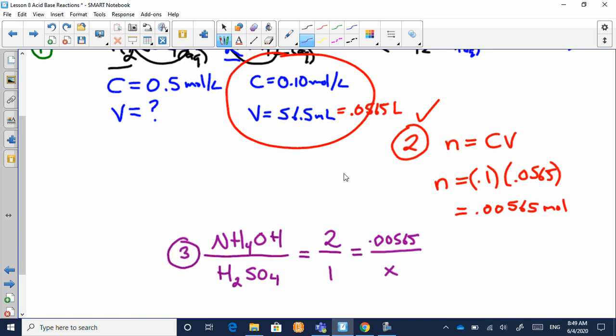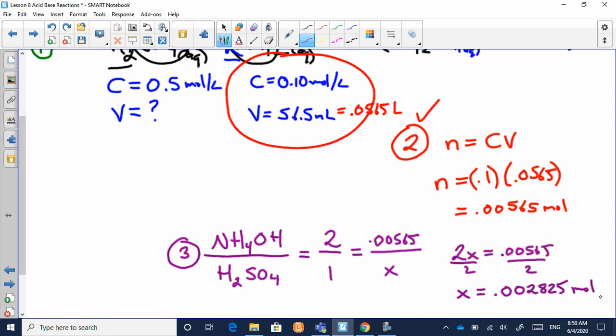Okay, so we cross multiply this, and so you get 2x is equal to 0.00565. Basically, we're just solving this proportion or this ratio, and then divide by 2. And so when I do that, I'll type it into my calculator, 0.00565 divided by 2, and I get 0.002825 moles.